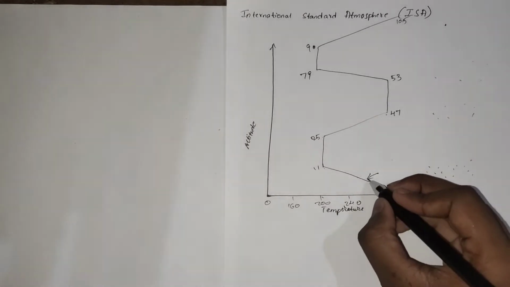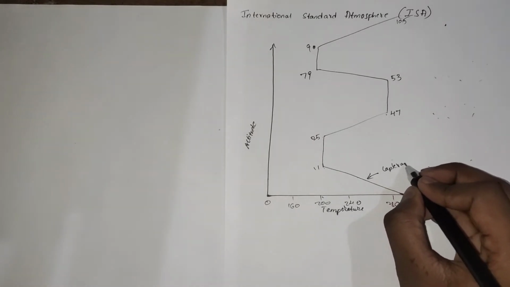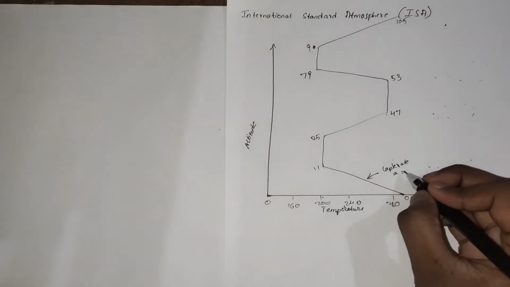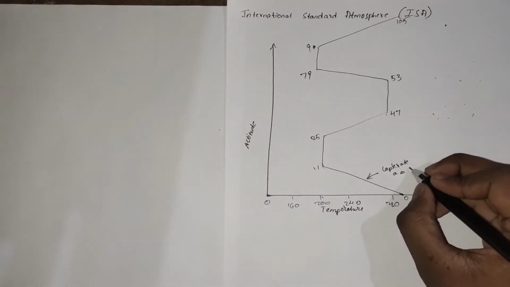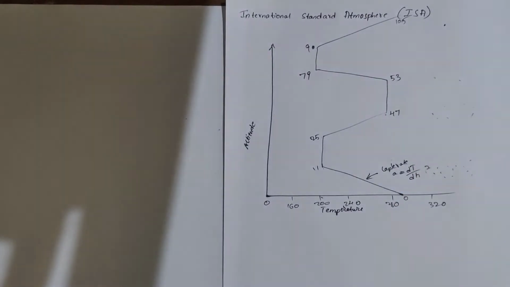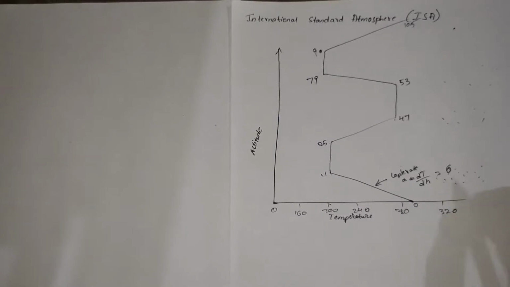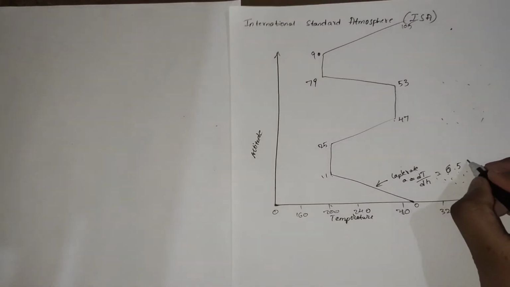And we have a term called lapse rate, which is represented with A. This indicates how much the temperature changes per kilometer rise in altitude. We can also say that A is equal to dT by dh. So the lapse rate for 0 to 11 kilometers is around 6.5 Kelvin per kilometer.